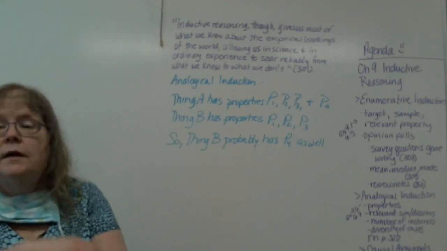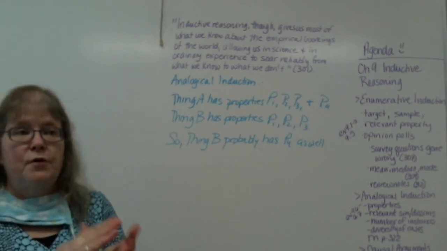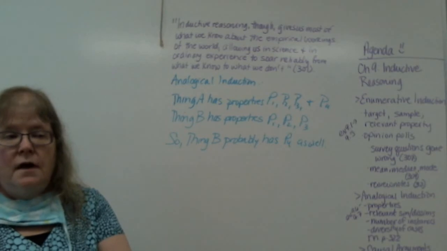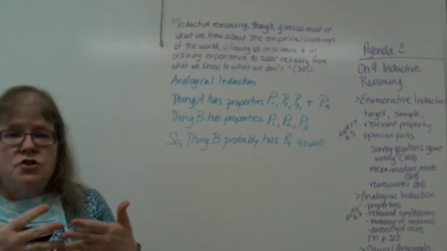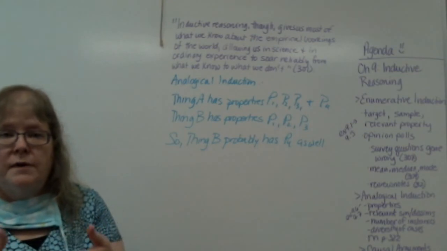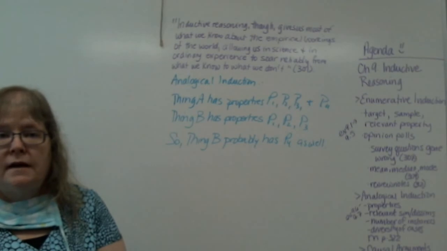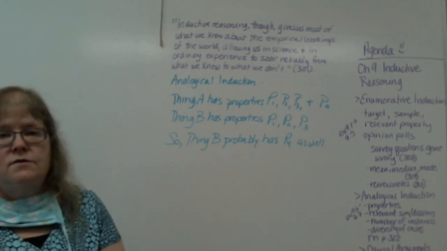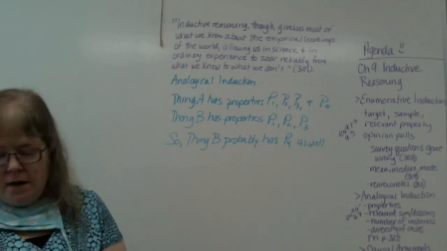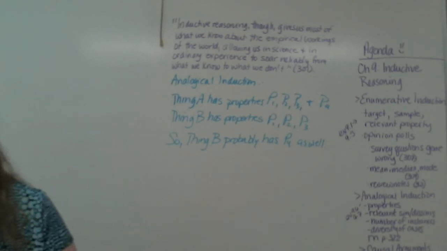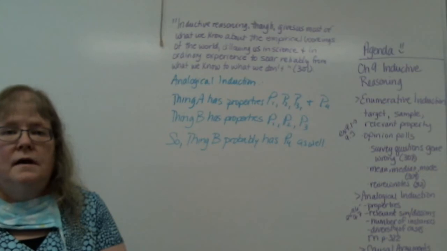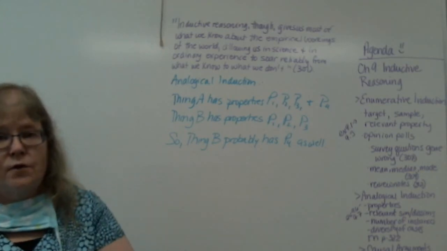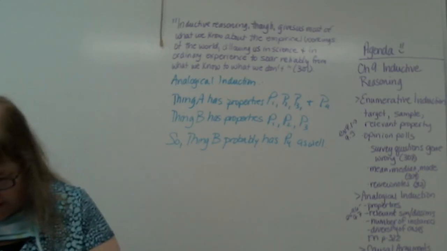Okay, like I was saying before, when we're talking about a sample group versus a target group, if my sample group does not match my target group in the ways that matter to what I'm looking at, then I'll get wrong answers all the time. Okay, so this is an analogy, is things are alike in certain ways, and so they're probably alike in this other way as well. Okay, we have to be careful.